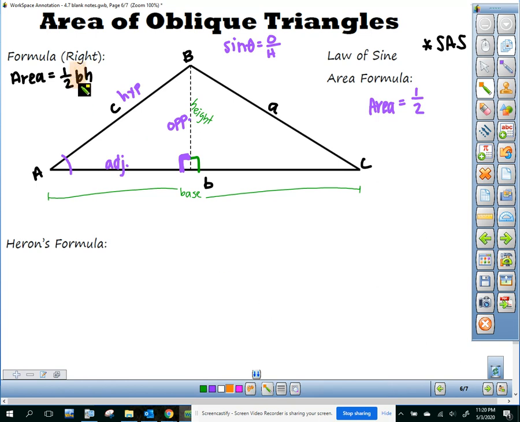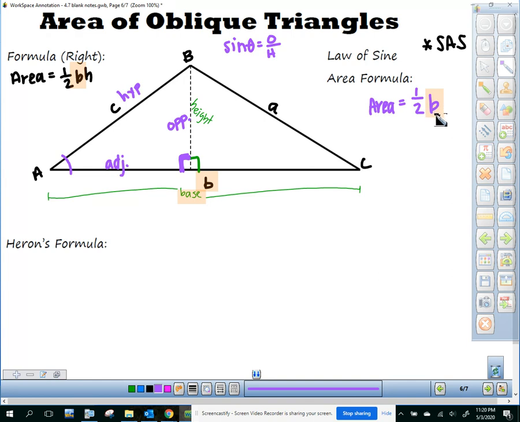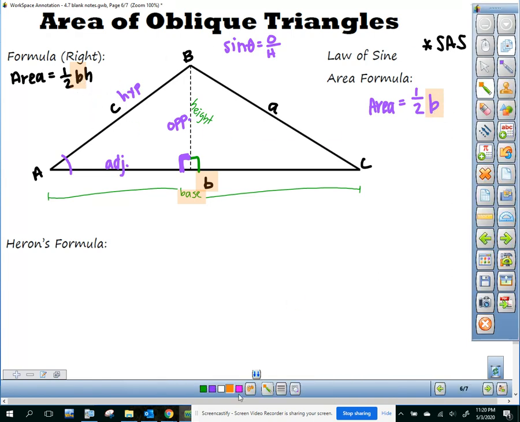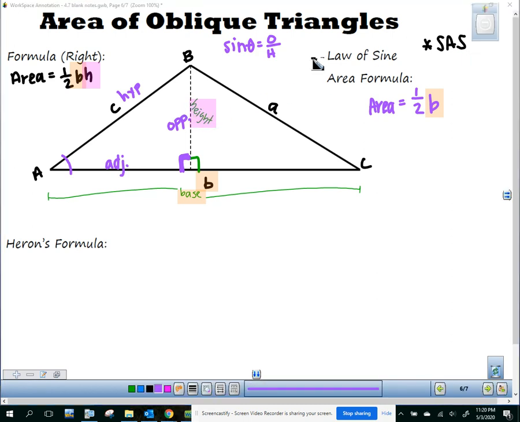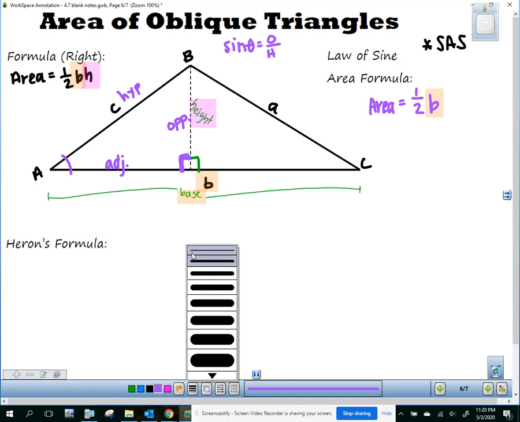I'm replacing base here with actual side B of the triangle. Okay, so that's still actually going to be a B. And then instead of height, right here, this entire side, height, I find it using right triangle trig.